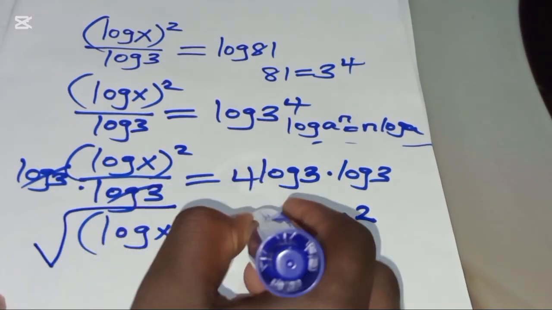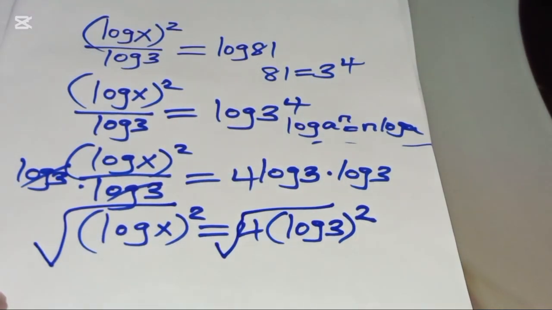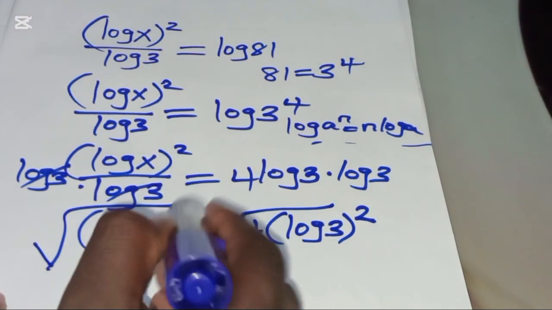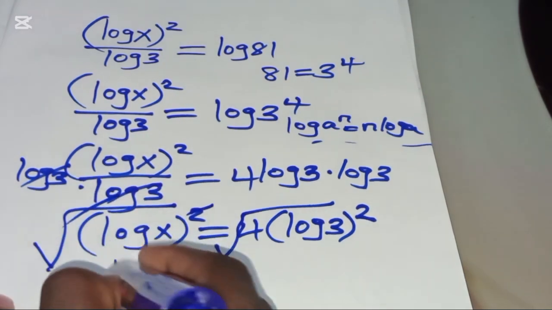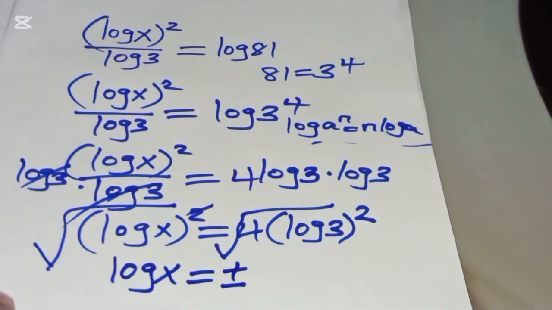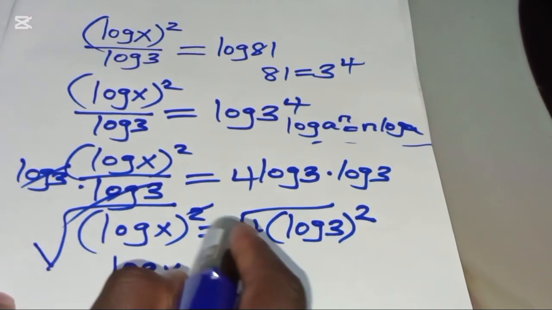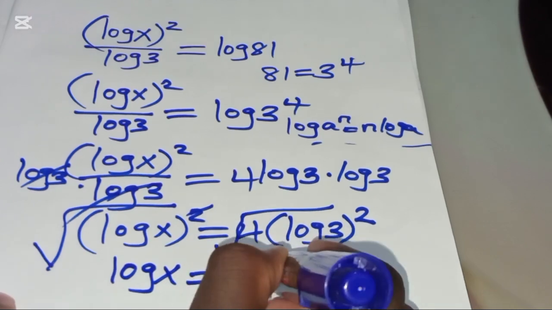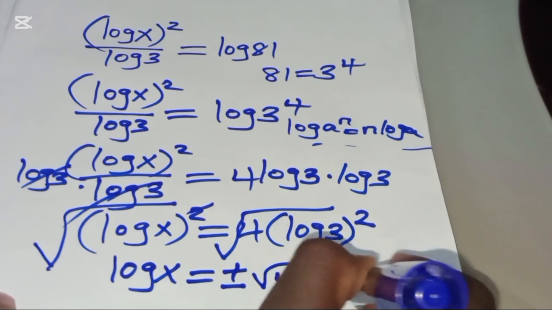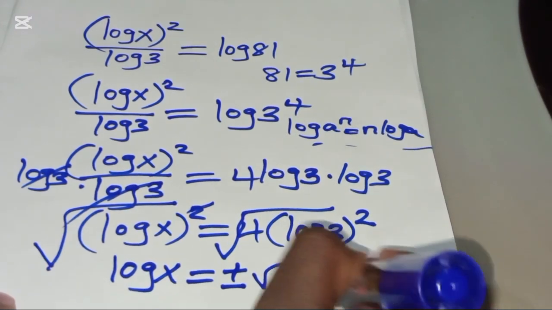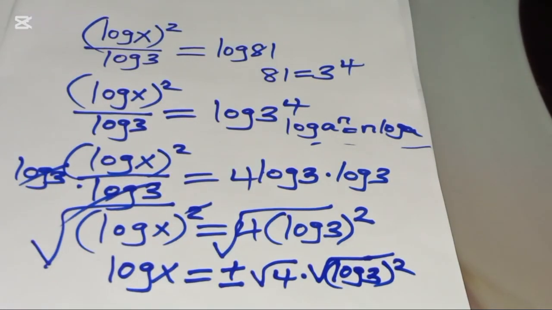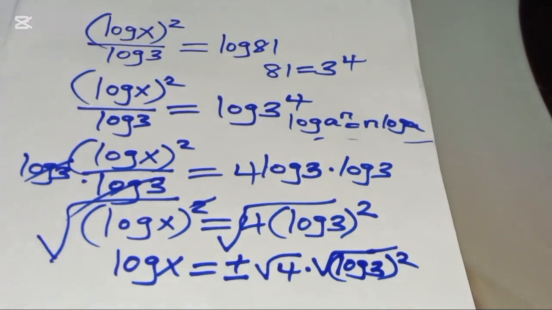We introduce the square root on both sides. So log x to power 2, we can eliminate the square root, and we have log x equal to plus or minus the square root of 4 multiplied by the square root of log 3 to power 2.